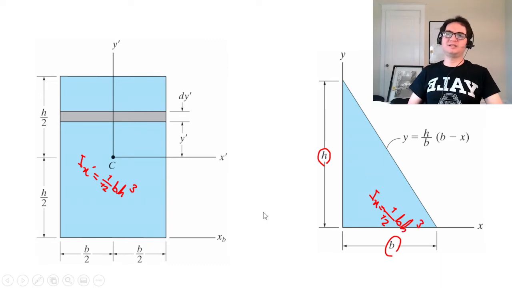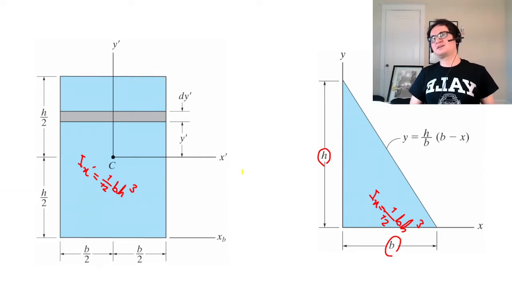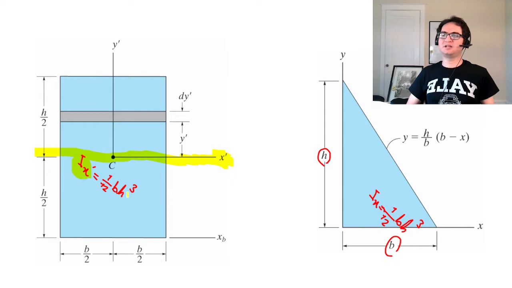But if you look closer at the problem statement, the moment of inertia for the rectangle goes through the centroid and gives you this value, but the one for the triangle goes by the base and gives you this value.